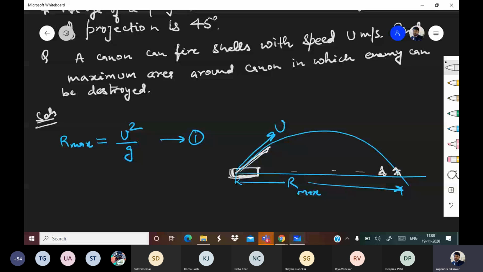Now you can rotate the barrel of the cannon in a circular way so that you can cover an entire region.